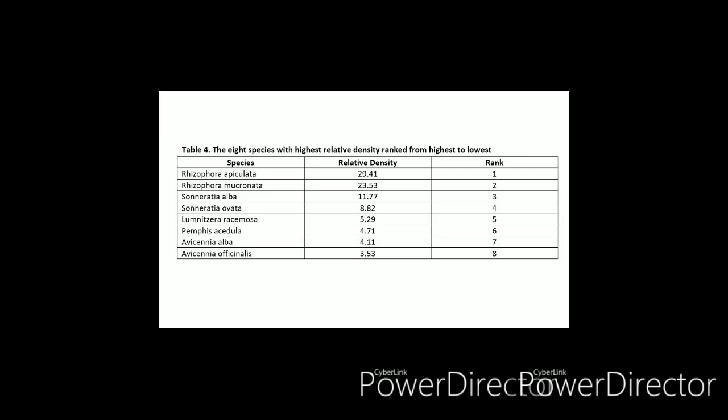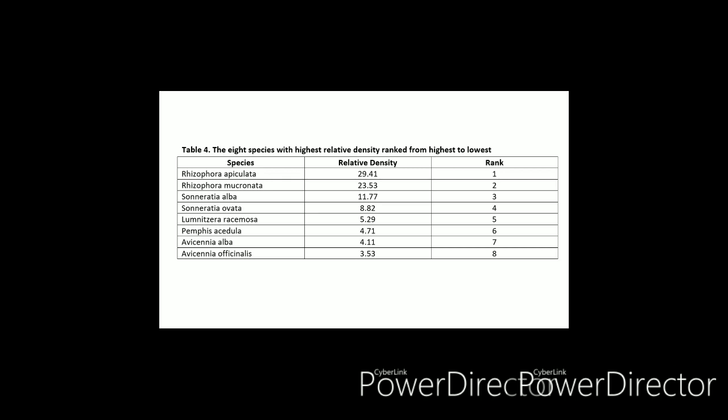In Table 4, shown are the 8 species with the highest relative density, ranked from highest to lowest. And these are the species. Rhizophora apiculata with a relative density of 21.49, which is rank 1.